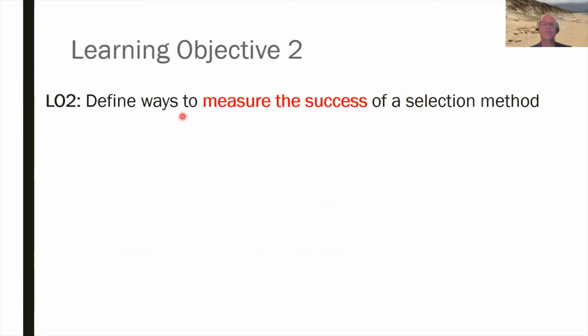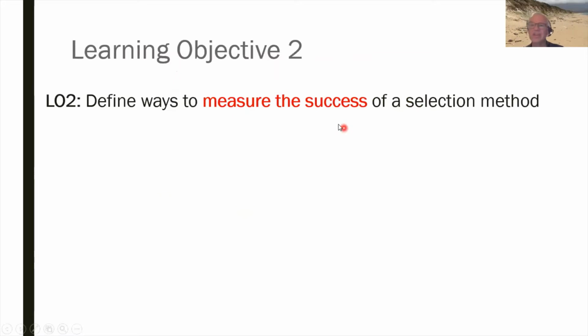Okay, objective number 2, define the measures of success for a selection method. Essentially what we're saying here is, your selection method, so your test, your interview question, your requirement, is that a good thing?